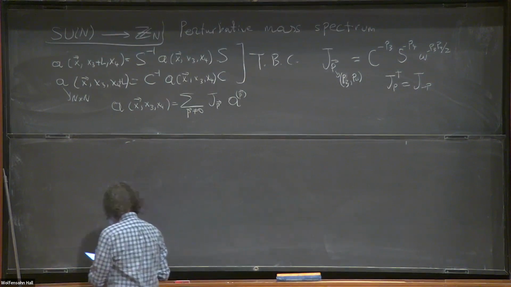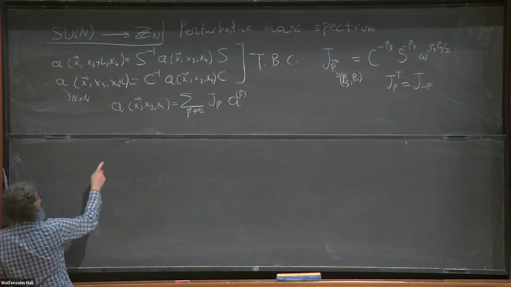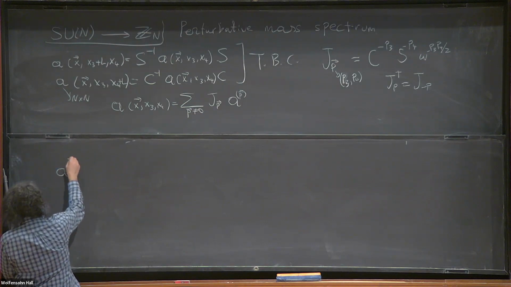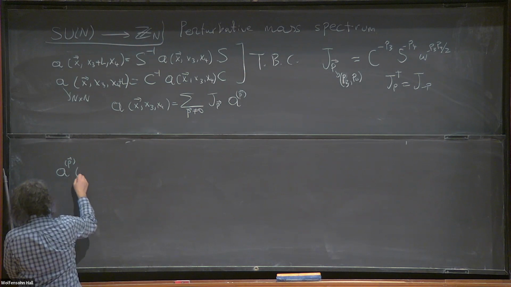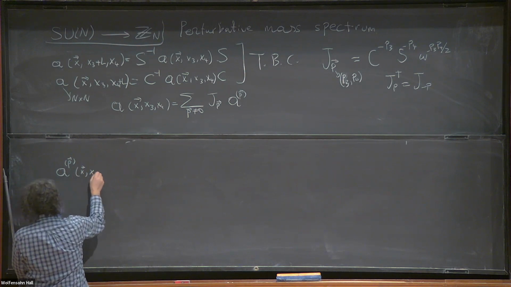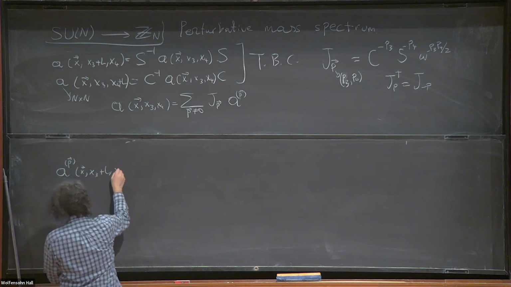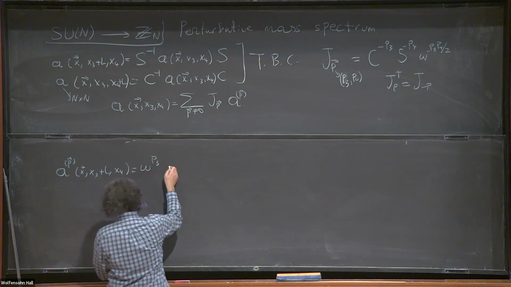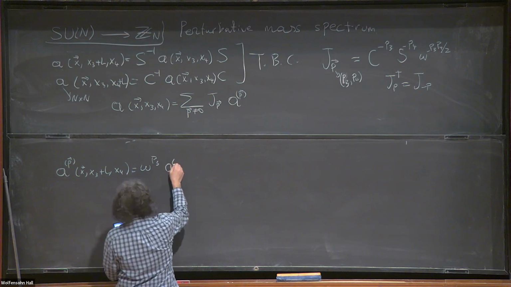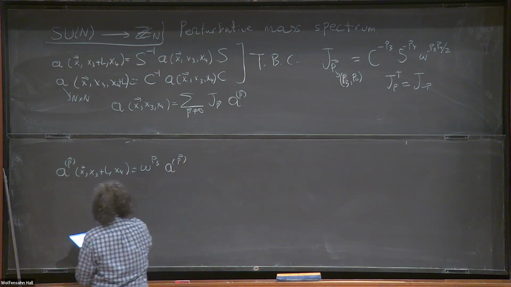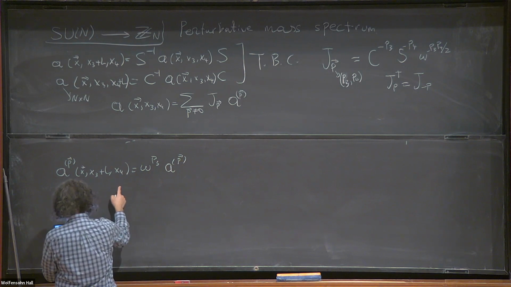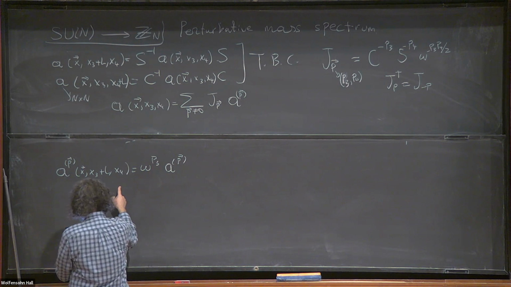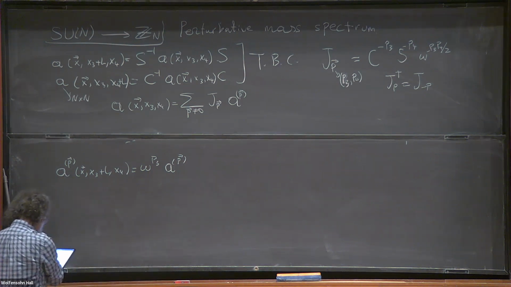So in terms of this, the twisted boundary condition, in terms of these A sub P, amounts to the following: A_P(x, x3 + L, x4) comes out to be omega to the P3 times A_P, and similarly for the other components.